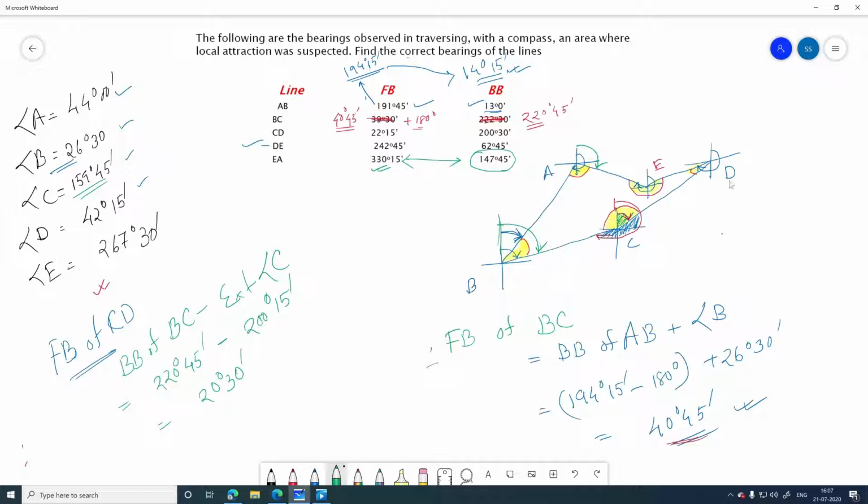Okay, so this is the correct value of the forward bearing of CD.